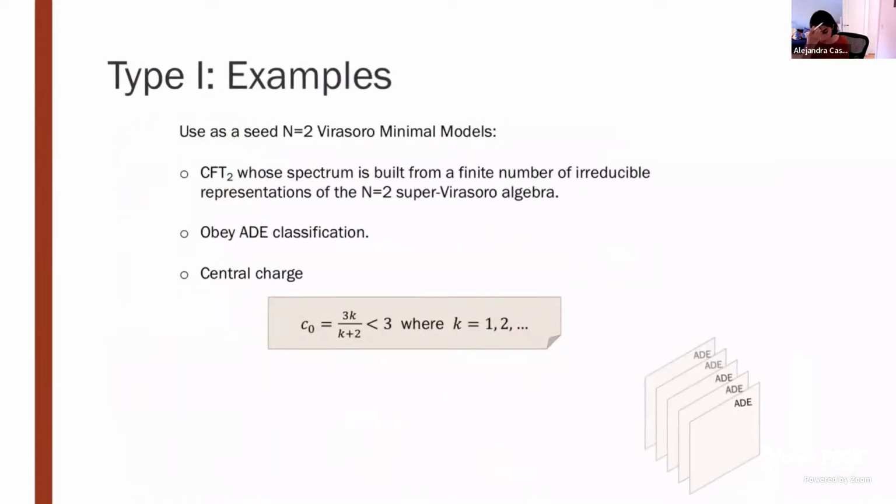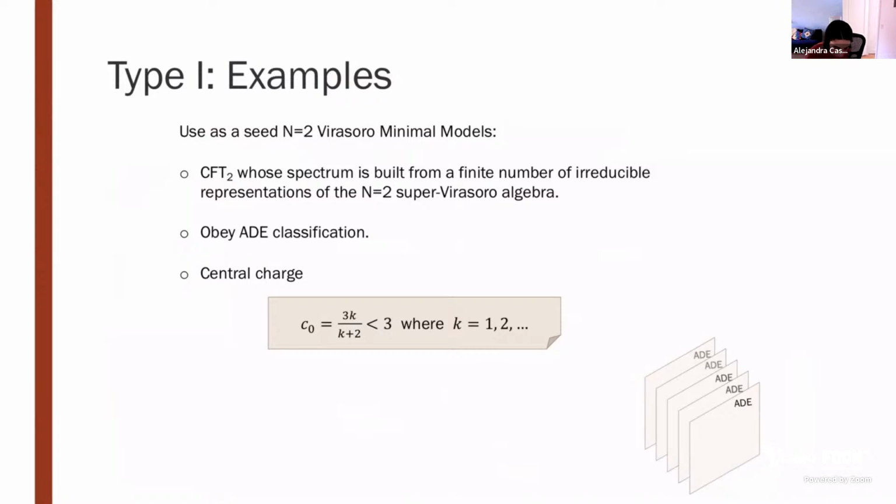Type 1 examples. There's a whole infinite family of theories that are of type 1. Basically, you pick any of your favorite n=2 Virasoro minimal models, do a symmetric product orbifold of it, and it will be type 1.